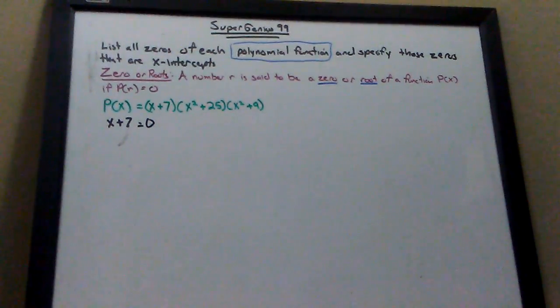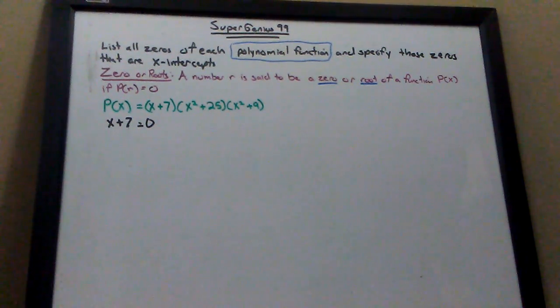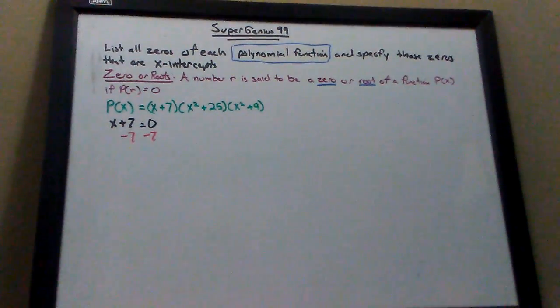Clean up my board a little bit. Okay, x plus 7 equals 0. Solve for x. What do you need to do? Yes, subtract 7 from both sides. Okay, so plus 7 minus 7 goes away.